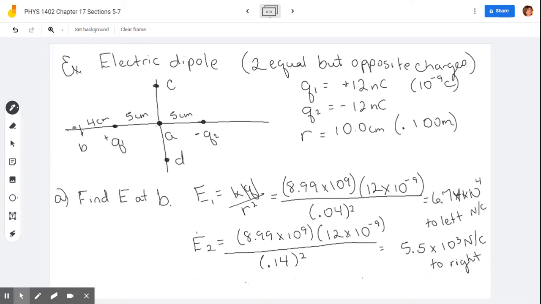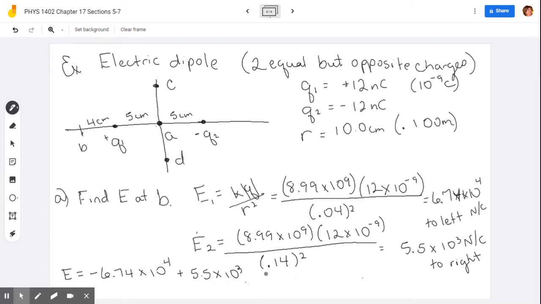Okay, so if I'm sitting right here and I'm a positive charge, I'm being pushed to the left by Q1, but I'm being pulled to the right by Q2. So the total electric field, if we go with our signs, is a negative 6.74 times 10 to the 4th, and a positive 5.5 times 10 to the 3rd.